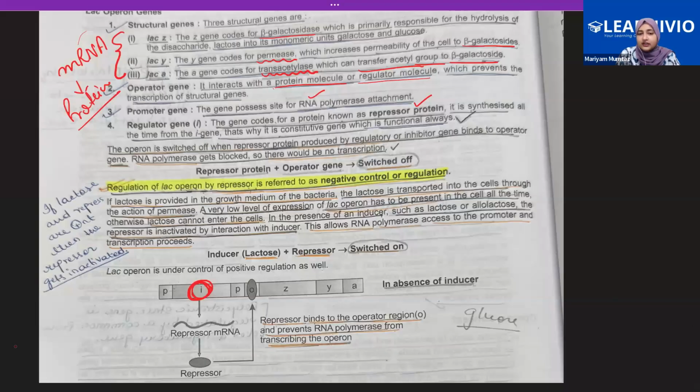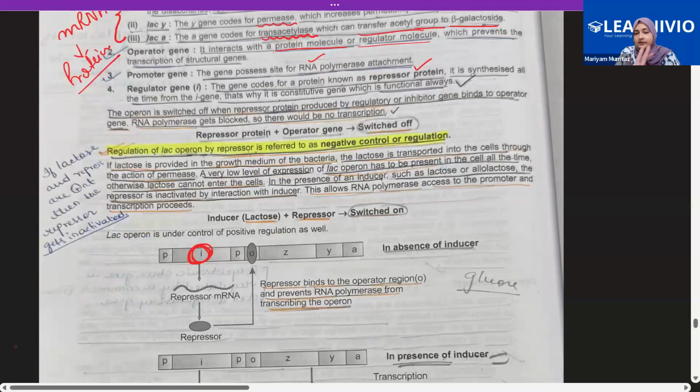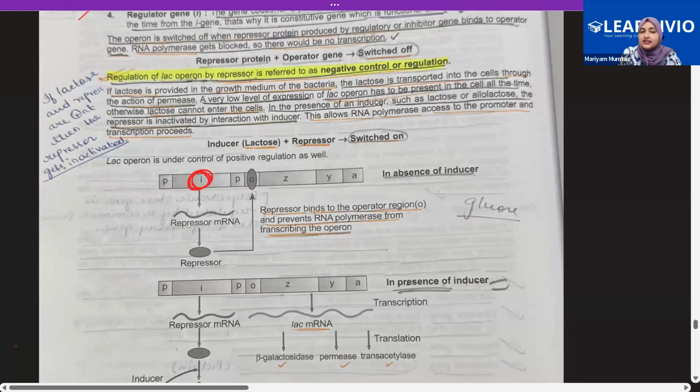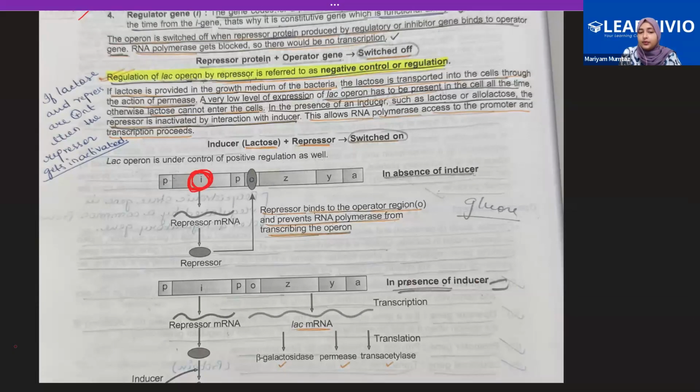And let's just say, in this medium, when lactose is absent, what happens? This repressor gene will produce the repressor RNA, which will form the repressor molecule, which is a protein. As soon as this repressor molecule is formed, it will go and bind with the operator region.